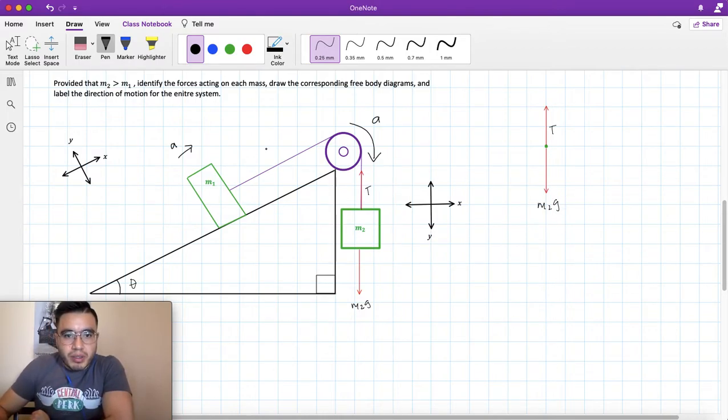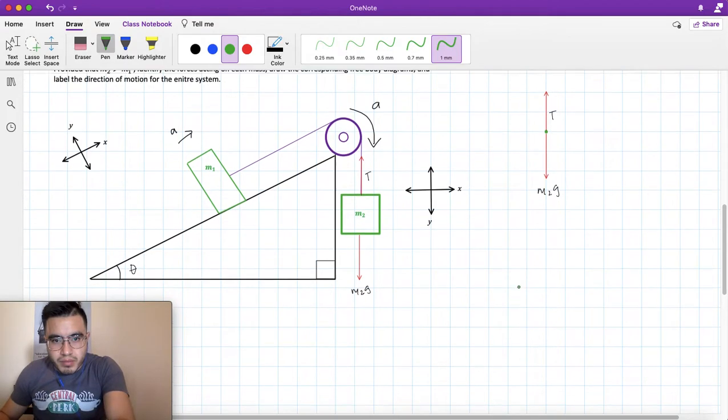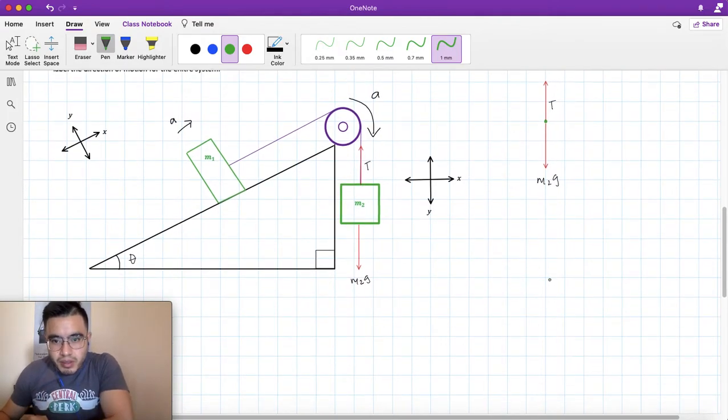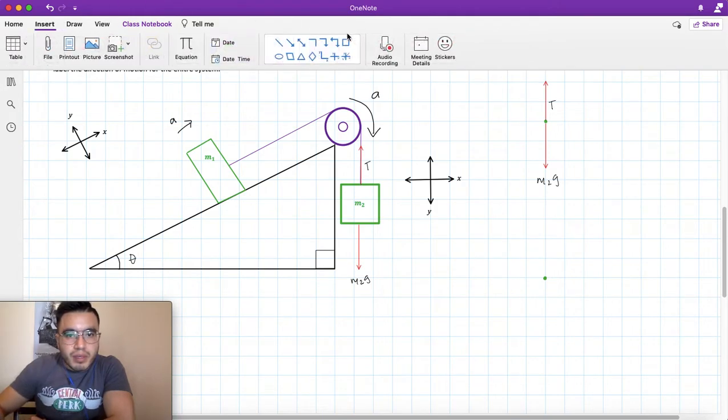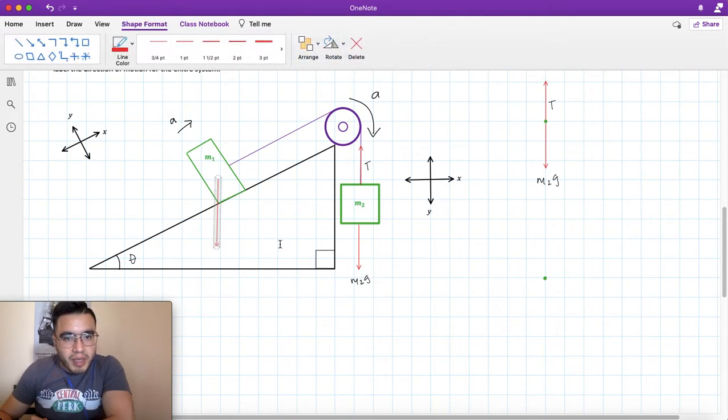Now let's work on the free body diagram of mass 1. There you go. This is the center of mass. And we have the weight of the object. Don't forget that it's always pulling straight down, like this, from the center of mass.